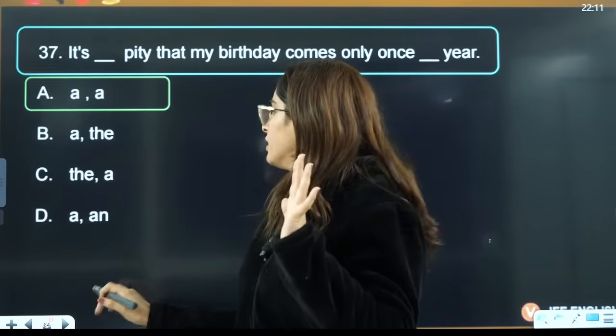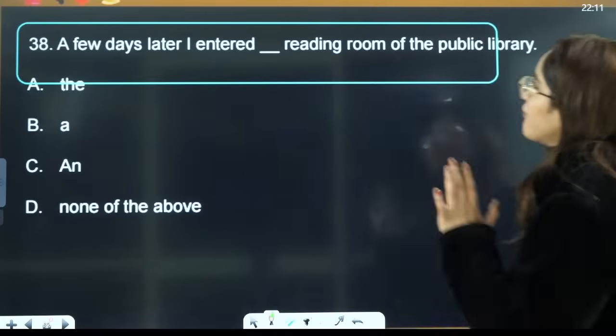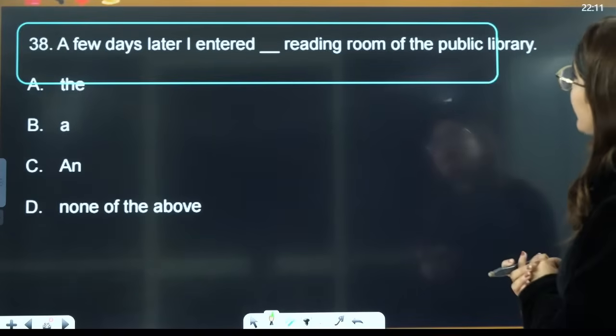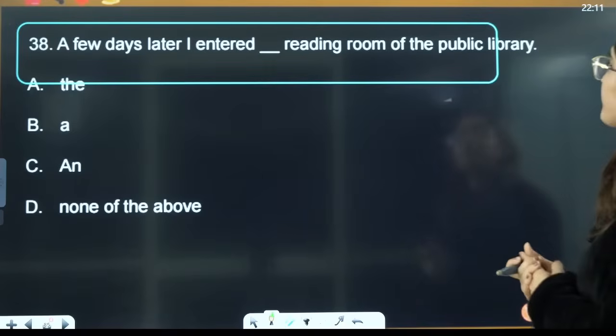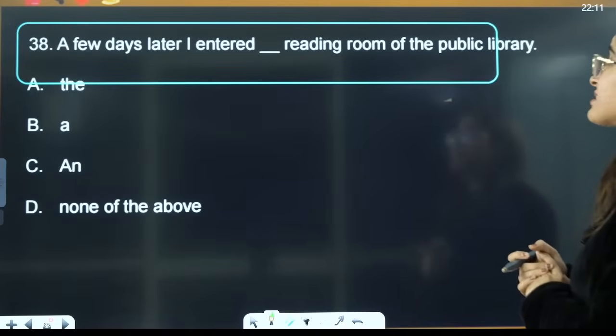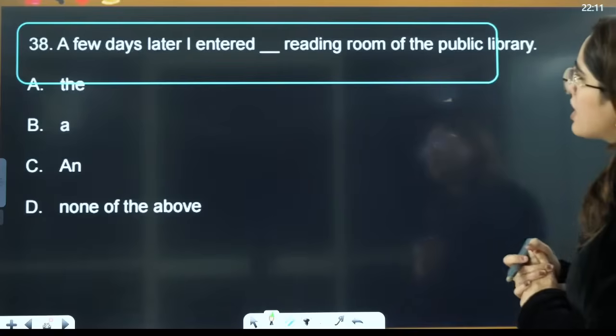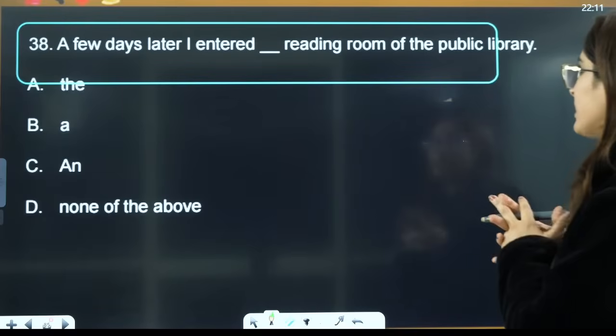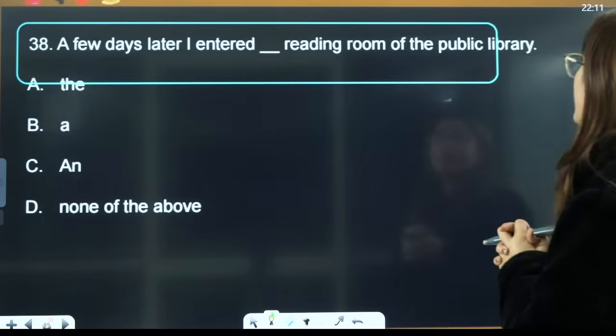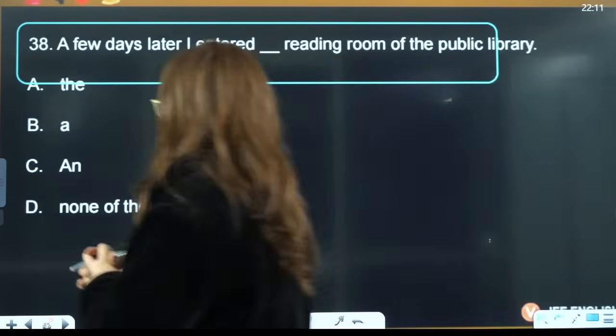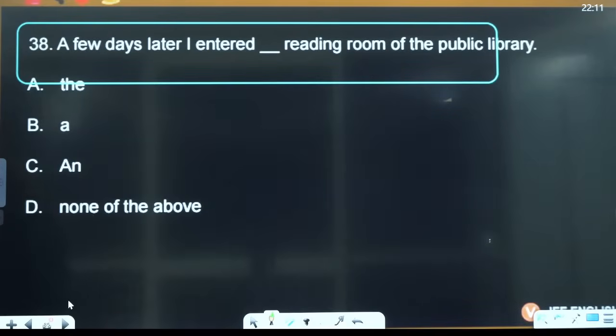Then you have: a few days later I entered dash reading room of the public library. A few days later I entered the reading room of the public library. A reading room and the reading room, what will be the answer? Tell me, it's quite simple.